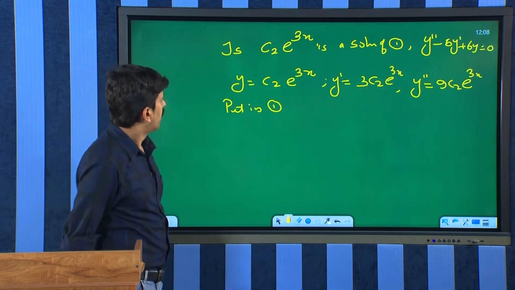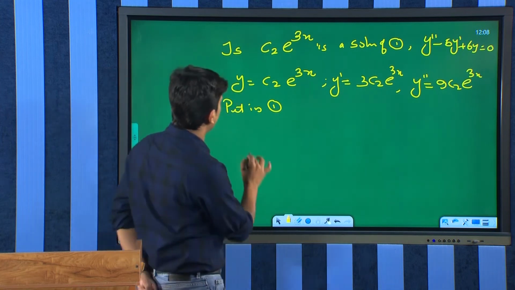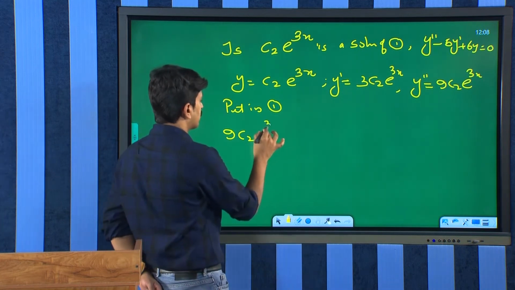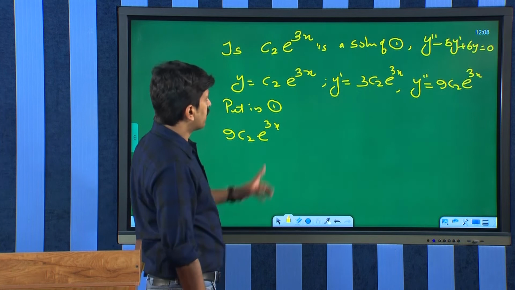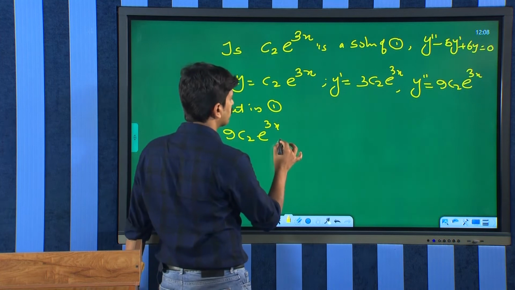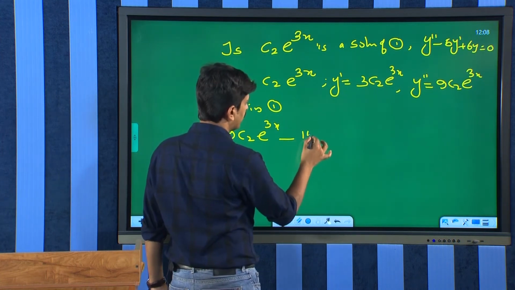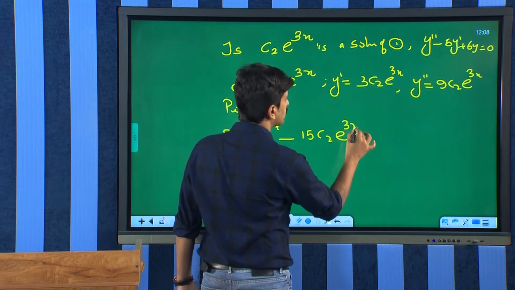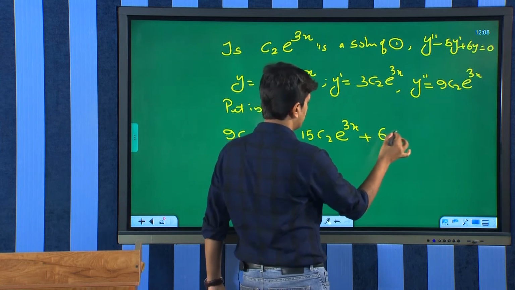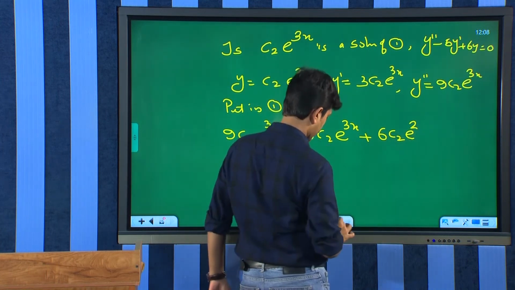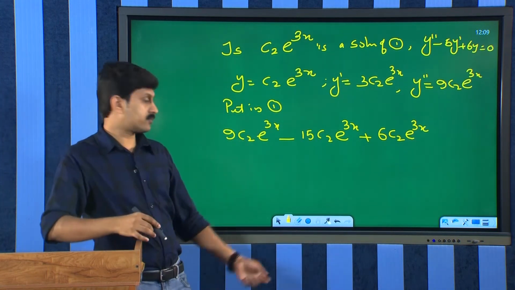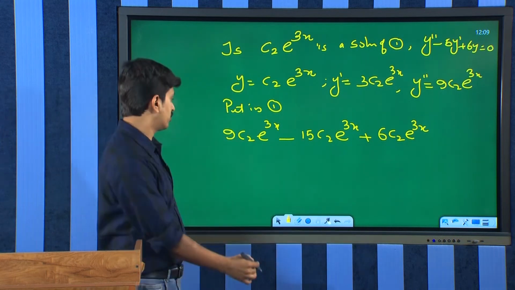So, y double dash is 9c2 e^(3x), minus 5 into 3, that means 15c2 e^(3x), plus finally 6y, 6 into c2 e^(3x). 9c2 e^(3x) plus 6c2 e^(3x) is 15c2 e^(3x).